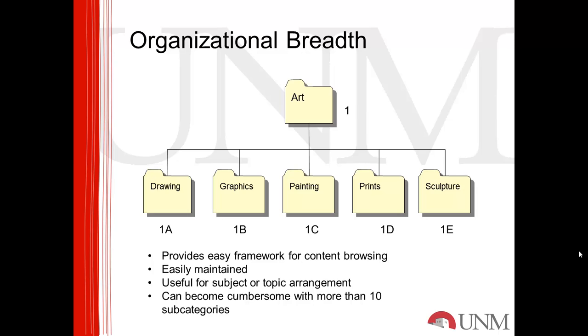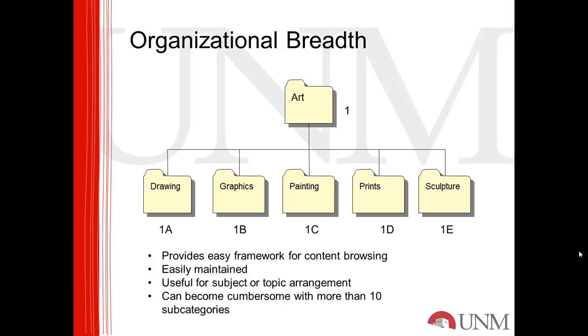But a broad organizational structure treats all the subtopics under a main category as equal partners. So here we see our main category is the subject topic of art, and its subtopics, which are all treated equally, are sort of the media or subdisciplines within art: drawing, painting, sculpture, etc.